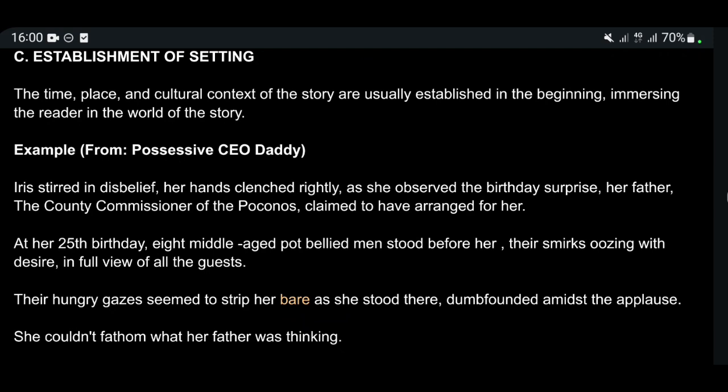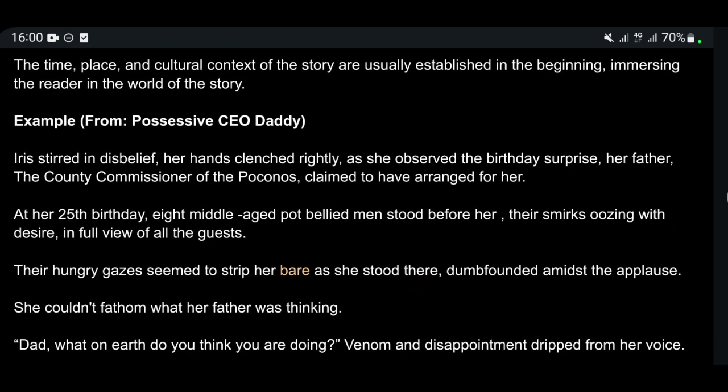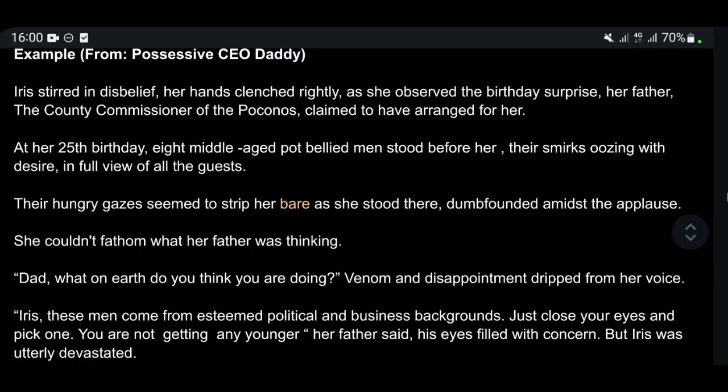Iris stared in disbelief, her hands clenched tightly as she observed the birthday surprise her father, the county commissioner of the Poconos, claimed to have arranged for her. At her 25th birthday, 8 middle-aged pot-bellied men stood before her, their smirks oozing with desire in full view of all the guests.